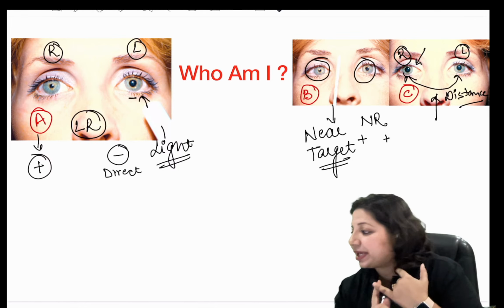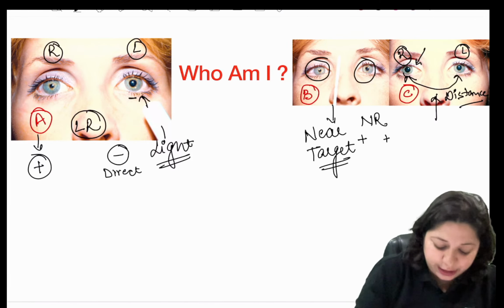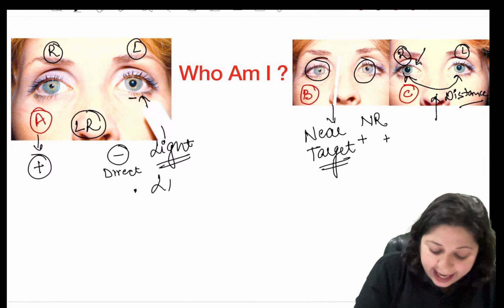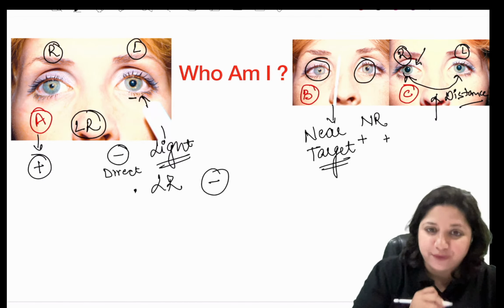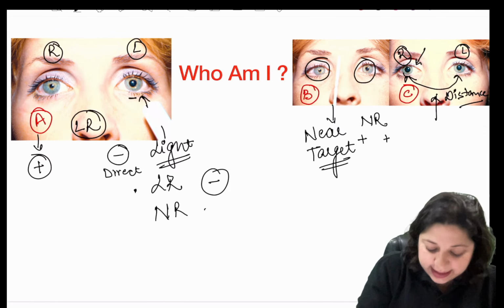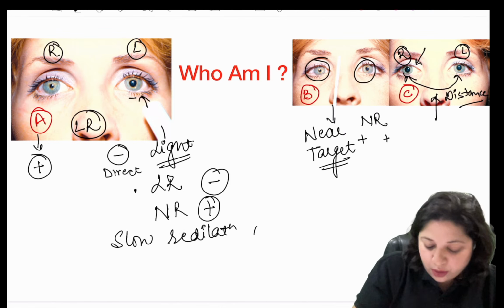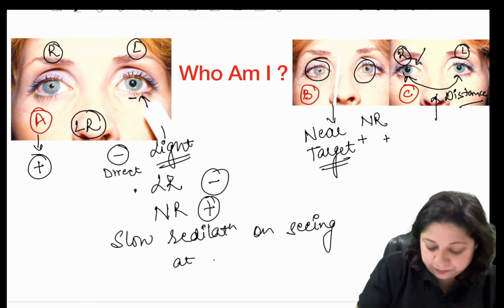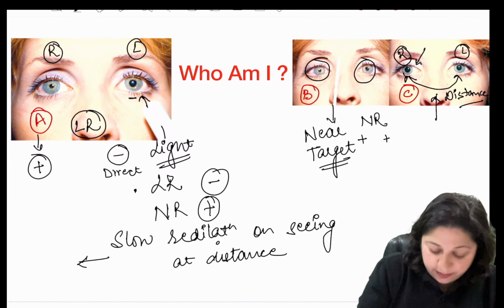So what are we dealing with? Let's write down. The direct light reflex is absent, near reflex is present, and there is slow redilation on seeing distant. So what does this thing mean?